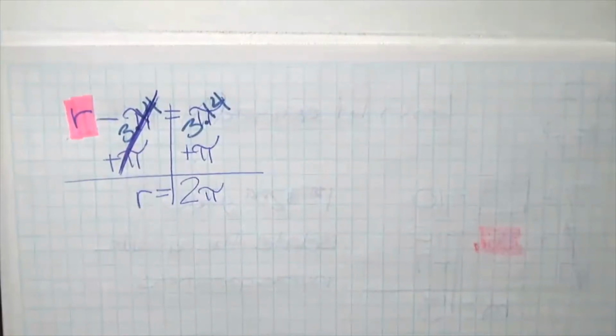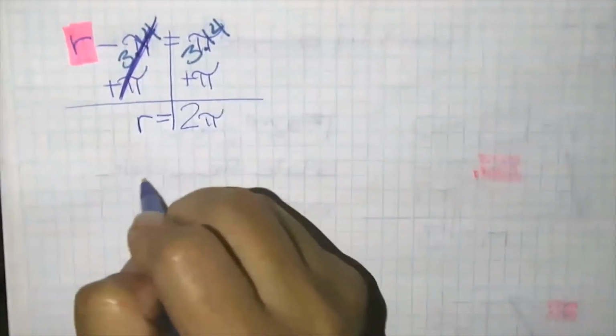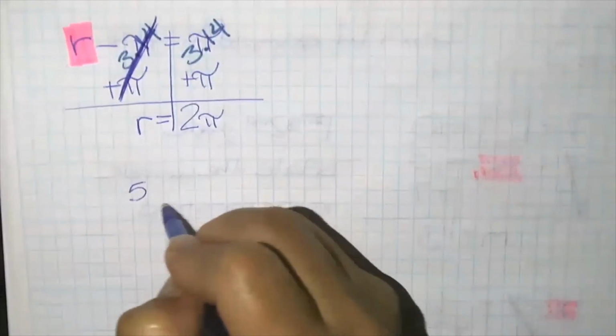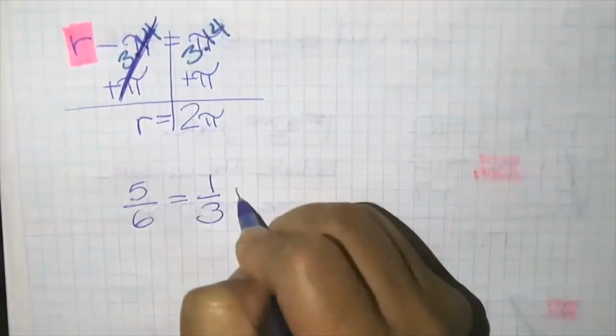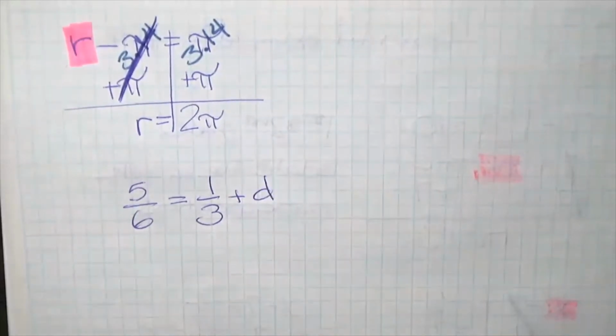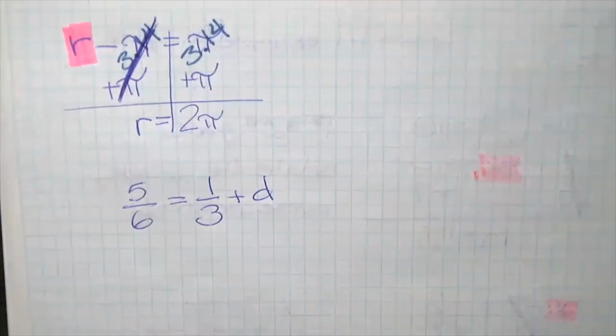Now, I'd like to do 2 more with you. I want to do another fraction example where the denominators are not the same. So we have 5/6 equals 1/3 plus D. Now, does it matter if my variable is on the left side or the right side?